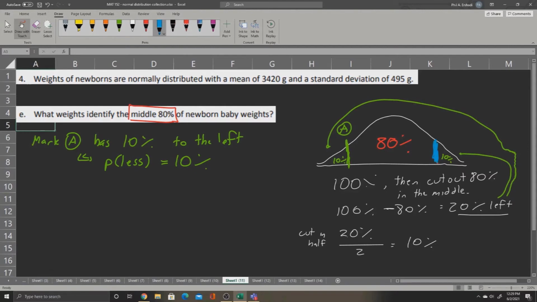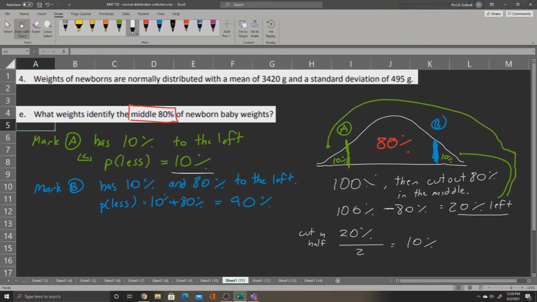We'll label that as mark B. Now, mark B has 2 percentages to the left, 10% and 80%. So, take 10 plus 80 to get our P less. 10 plus 80 would give us 90%. We have not one probability, but 2.